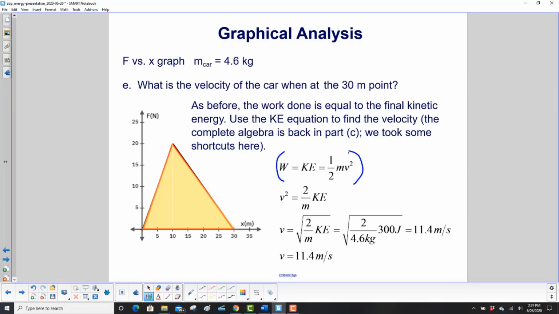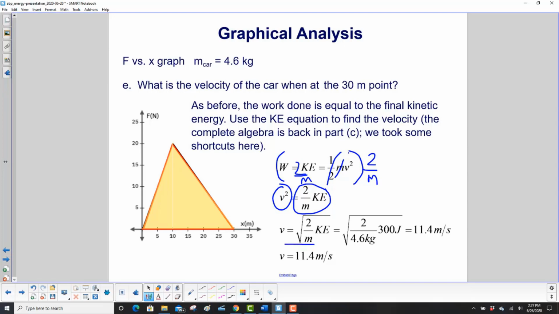We want v squared all by itself. So if we multiply both sides by 2 over m, that'll cancel this out. And then we'll have 2 over m in front of the KE, just like we have here. Then we'll switch the sides around, so we have v squared on the left. And then you just take the square root. So v is equal to the square root of 2 over m times the kinetic energy.